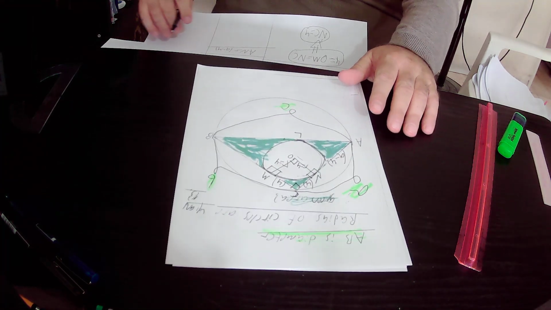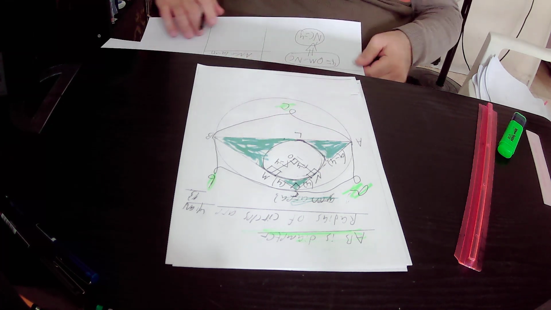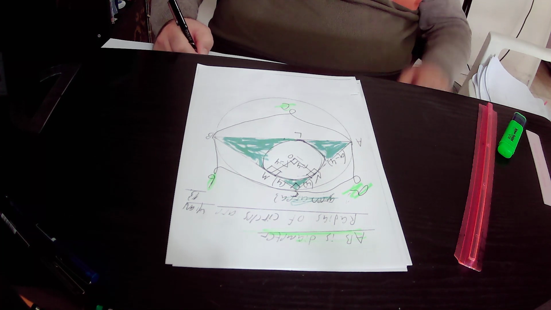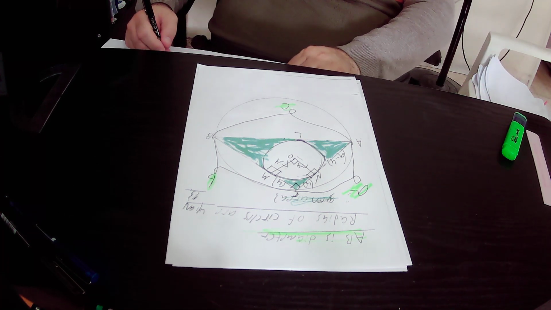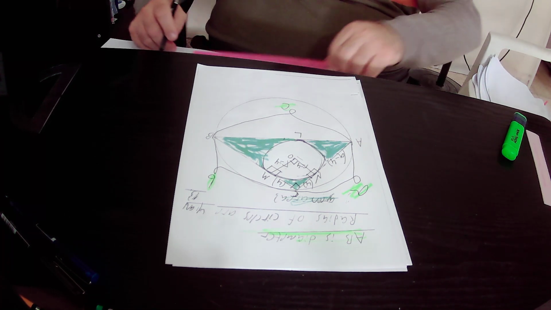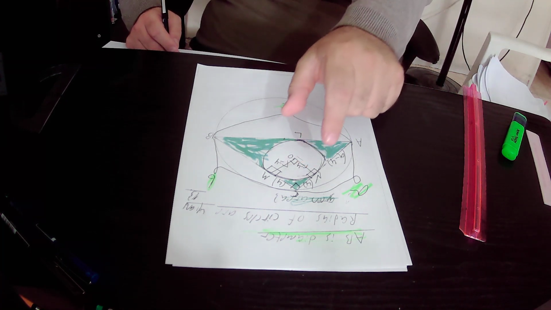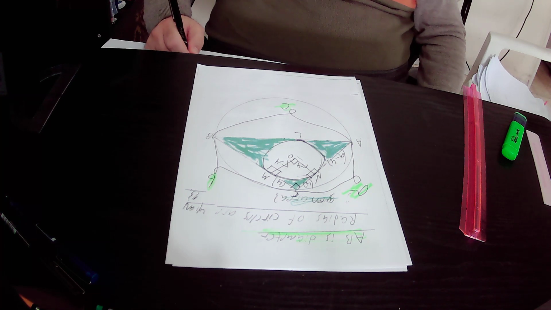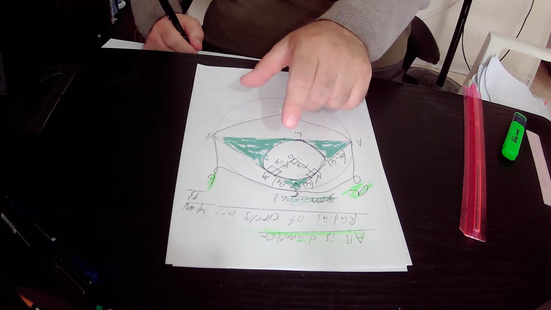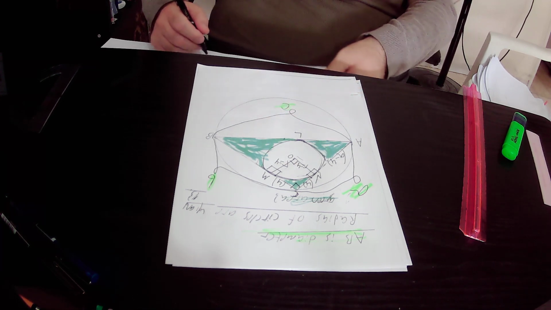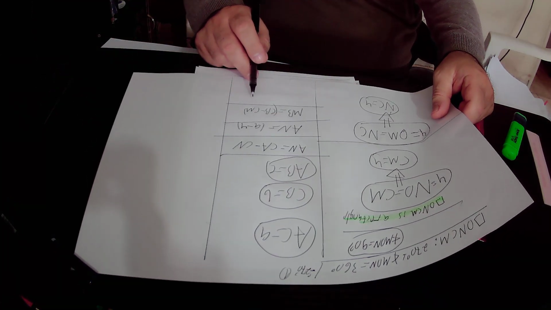Likewise, we find out the length of line segment MB. It's very easy to see from the drawing that the length of line segment MB is equal to CB minus CM.